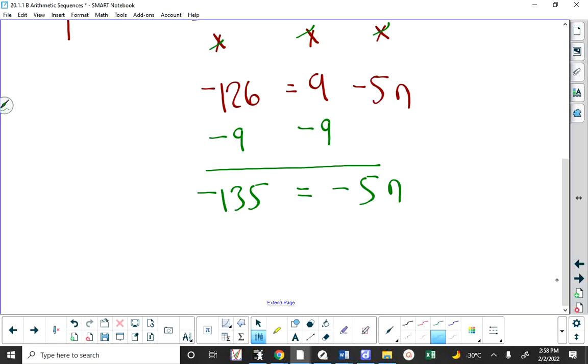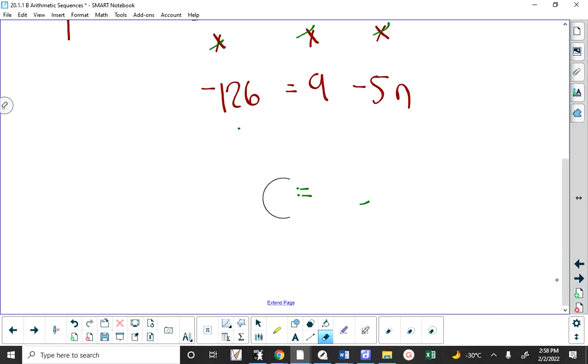What I'm saying is, it will help you later if you get in the habit of saying, since n is in this term here, which is negative, I'm going to add that term to the other side, where it will be positive. I'm going to move the terms back and forth across the equal sign so that I have the term with the unknown in a positive position.